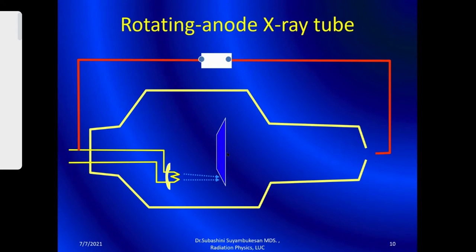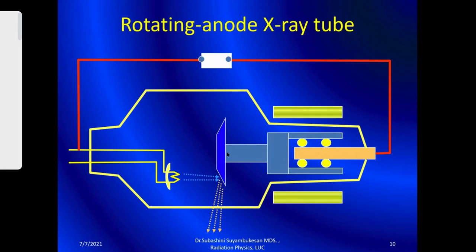So when we keep rotating the anode, the electrons hit the anode at different places. There is more chance of dissipating the heat, and more chance of getting a good quality X-ray.